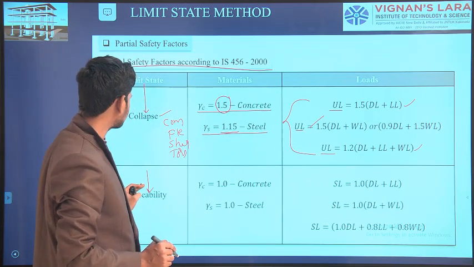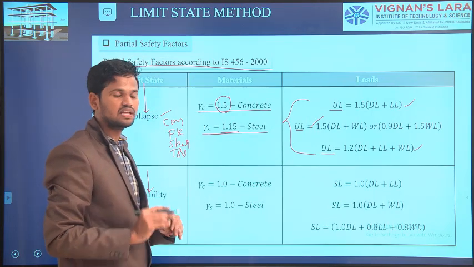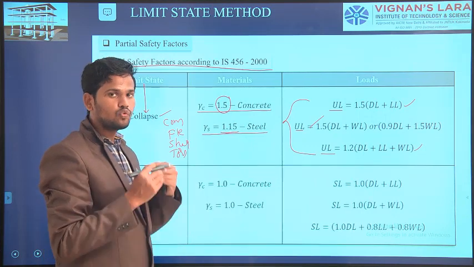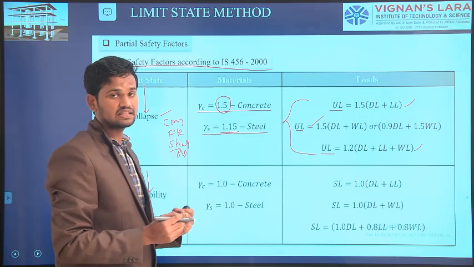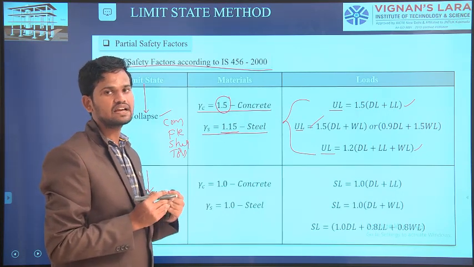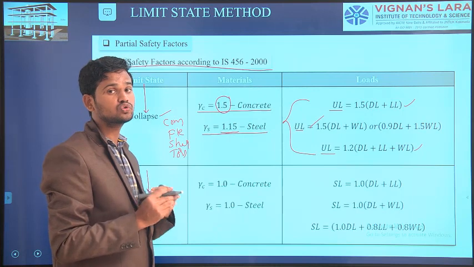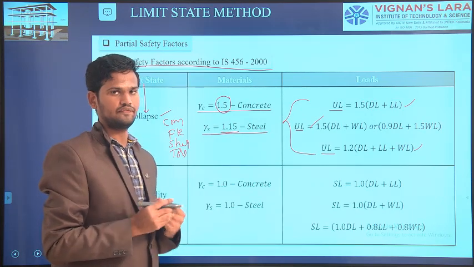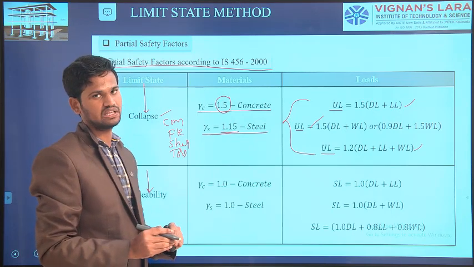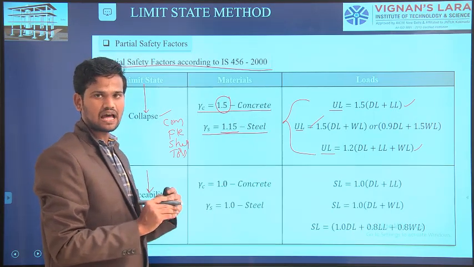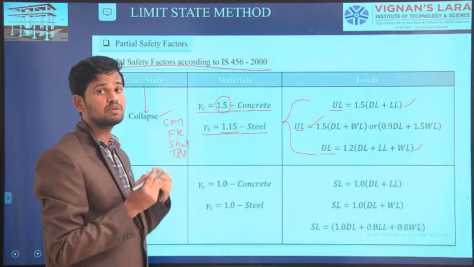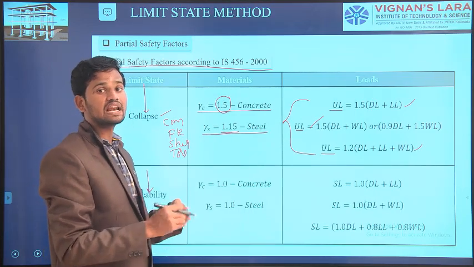Again, if you consider the limit state of serviceability, it means that if you design any structure, it should not give any deflection, cracks or deformation throughout its lifetime. Otherwise, the structure would be unserviceable in its lifetime.